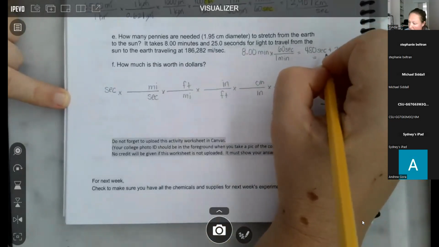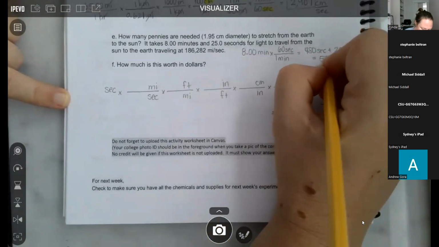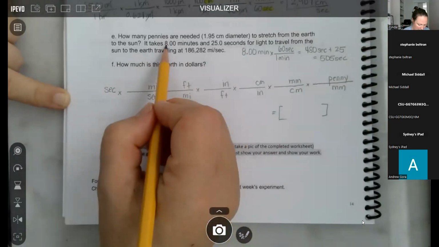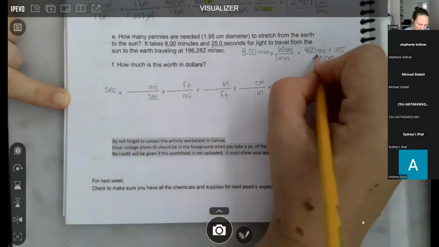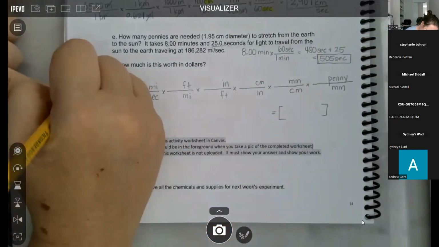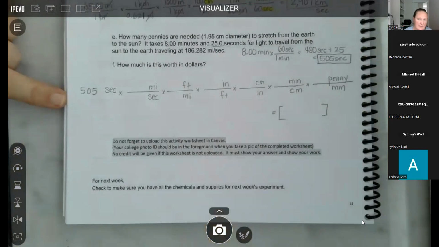So I'm at 505 seconds, and that'll be my 3 sig figs. Both of these are given to me in 3 sig figs, so it's good that I have 3 sig figs here. So we're actually going to start off with 505 seconds. That's how long it takes for light to travel from the earth to the sun.